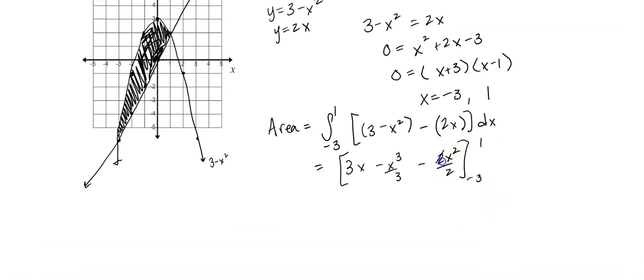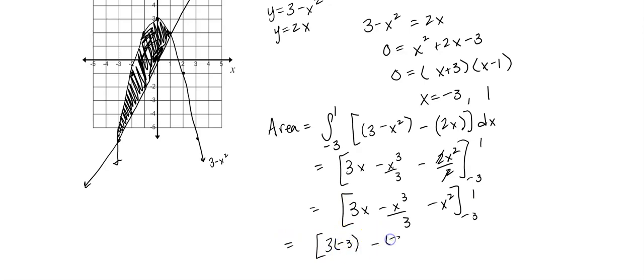I can simplify just a little bit and get 3x minus x cubed over 3 minus x squared from negative 3 to 1. So I will have 3 times negative 3 minus negative 3 cubed over 3 minus negative 3 squared. And we're going to subtract.